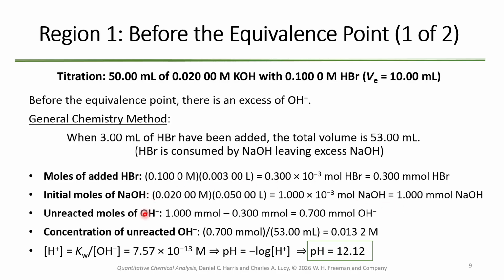You would have subtracted the moles of HBr from the moles of NaOH. That would have given you this. And then you would have divided that number by your 53 milliliters, right? We did these in millimoles, so our millis will cancel in both places. And that would have given you your molarity, right? Then take Kw divided by the OH minus concentration right there. Take the negative log of that, and that gives you pH 12.12.